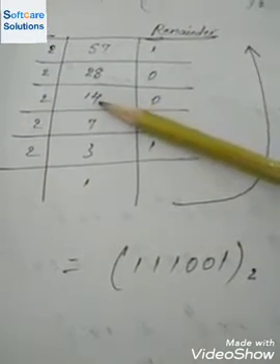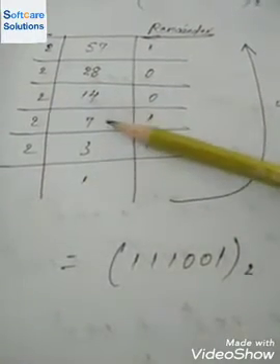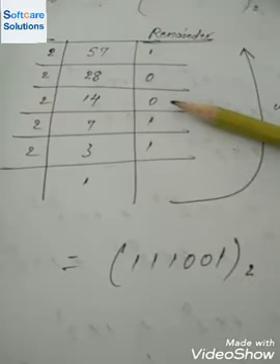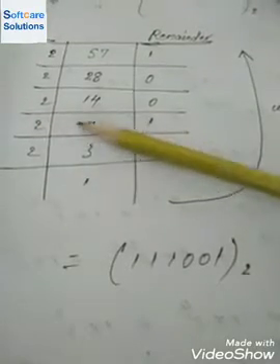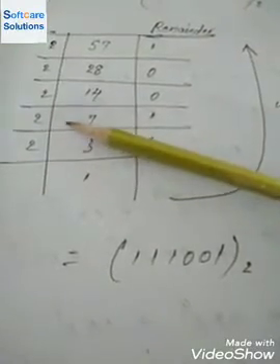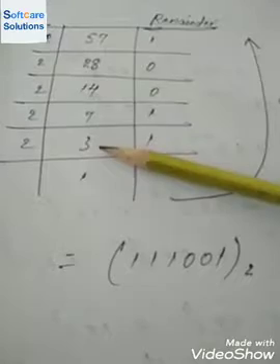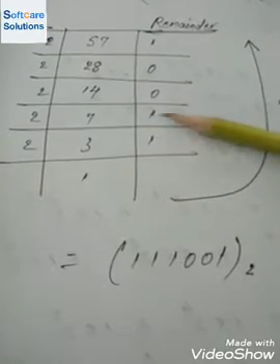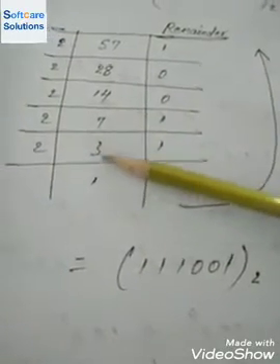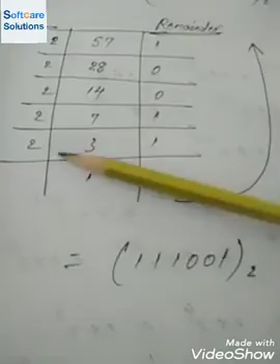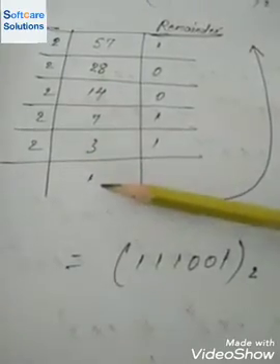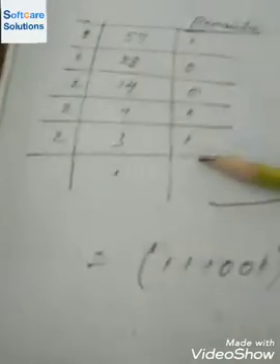Now 14 divided by 2, we get 7 as the quotient and remainder 0. Now 7 divided by 2, 2 3s are 6, so we get remainder 1. Finally 3 divided by 2, 2 1s are 2, we get remainder 1.